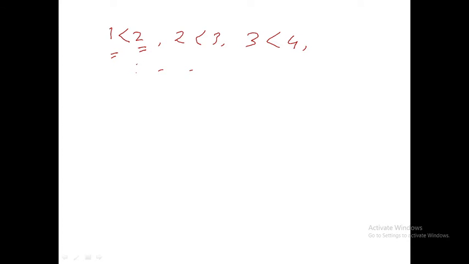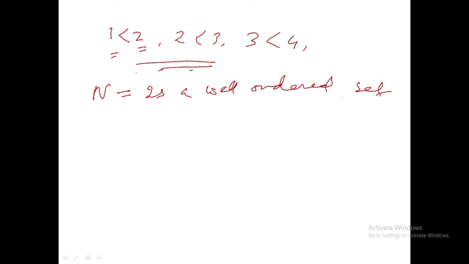So this phenomenon is called the ordering property. The set of natural numbers is a well ordered set.